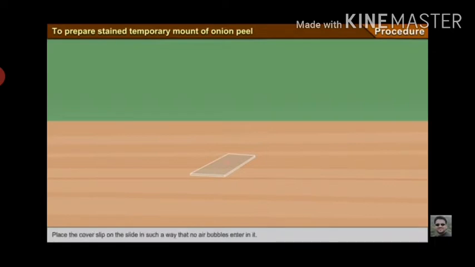Place the cover slip on the slide in such a way that there is no air bubble inside it. Gently press the cover slip with a needle to spread glycerin and peel properly. Remove the extra material surrounding the slide with the help of blotting paper.